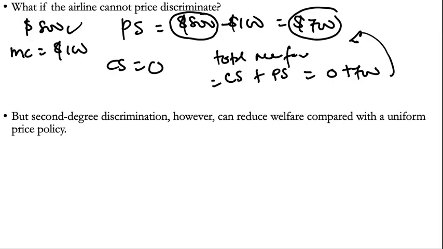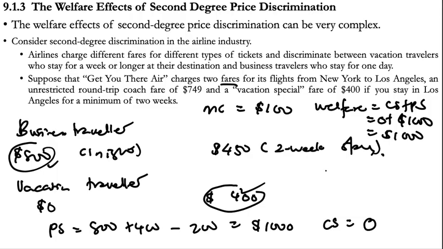The total welfare here is 700. But the total welfare when we discriminate is 1,000. So it is very obvious that social welfare is greater and better with price discrimination, because you can offer a lower price to the consumer who wants a cheaper price, isn't it? And at the same time, you can capture their consumer surplus.